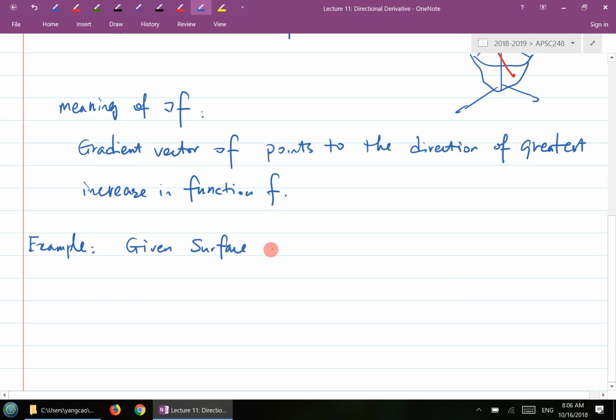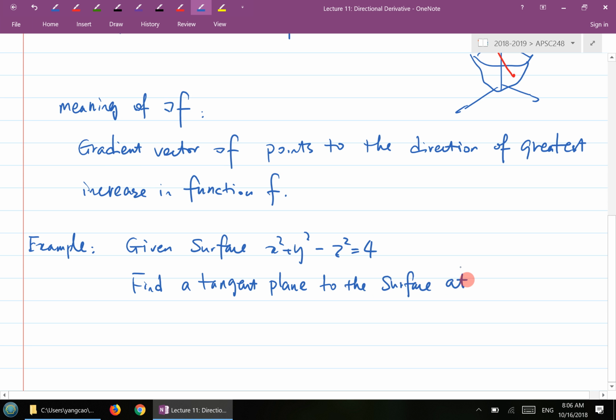You'll be given a surface, and we want to find a tangent plane to the surface at the point (2, 1, 1).